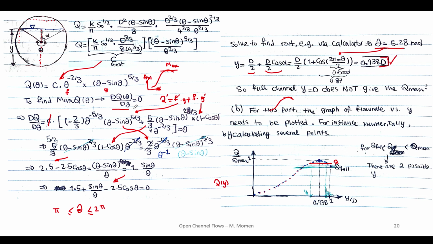So the first thing is you write everything with respect to that parameter or variable, it could be theta, it could be y, or whatever the problem wants from you, and then you take the derivative with respect to that to find the maximum value, optimum value, or extreme value that the problem wants. So this is the main approach that you need to take to solve these kinds of problems.